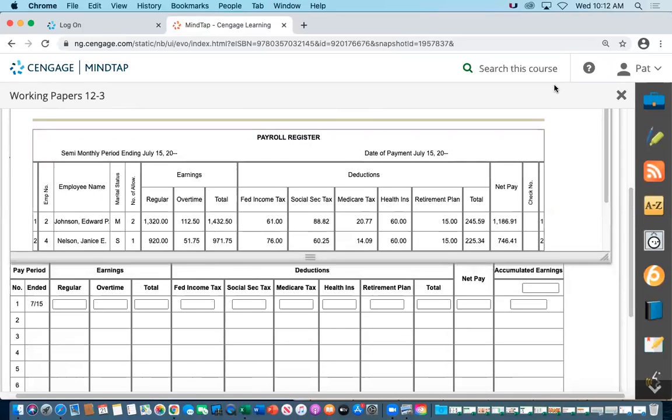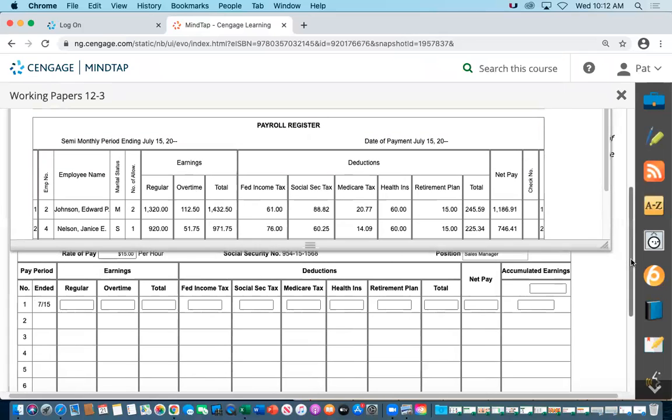We're going to use these numbers and put them here. 1,320. You're using Edward's. 112.50. 143.250. This is the part that you've already done.